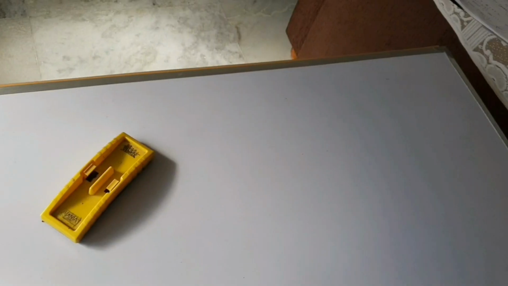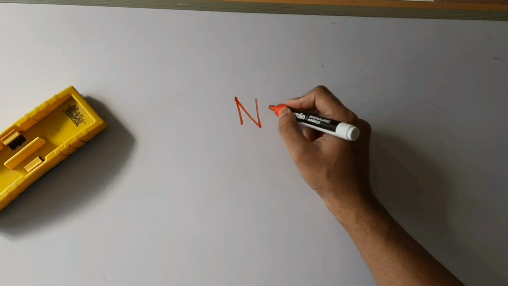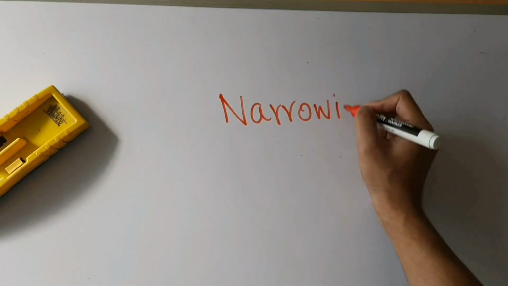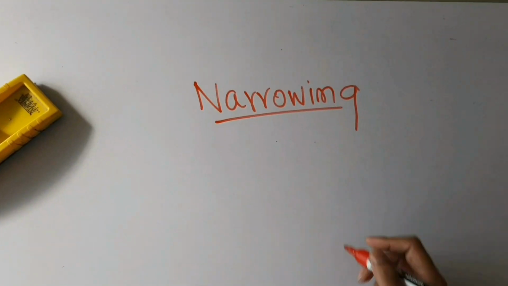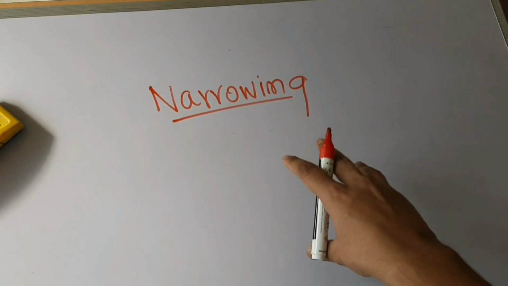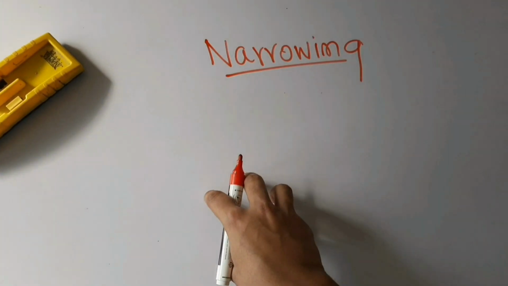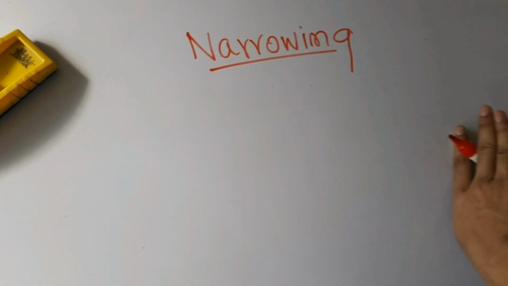Let's see the third mistake, narrowing and format specifiers in C. So guys, what's narrowing? In the first example, I told you about how C implicitly typecasts a double value to an int and discards the values after a decimal point.